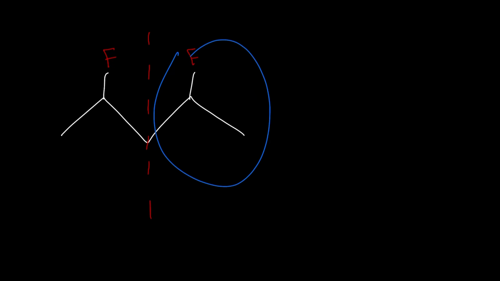Now let's go over a few more examples. Would you consider this structure to be a meso compound or not? So if you draw the line of symmetry right here, you can see that both sides are the exact same. So therefore this would be a meso compound, and it would be optically inactive.